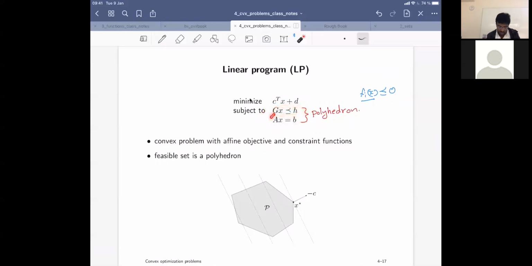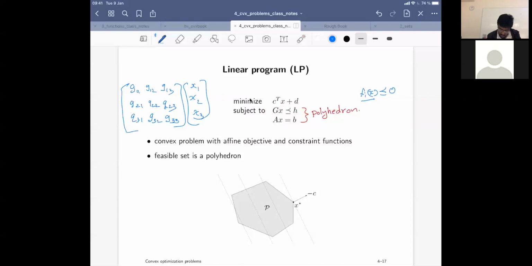G is a matrix, so for example G is like G11, G12, G13, then G21, G22. What you are doing is multiplying that with X, so you have X1, X2, X3.